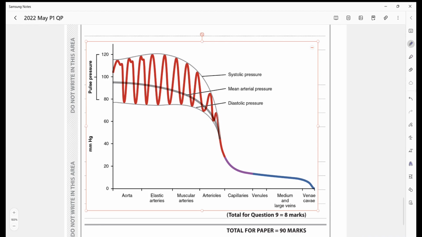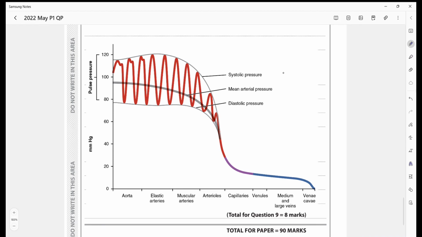As you can see here, with your aorta and your arteries, there is a drastic change in blood pressure. You can see it goes up and down. So the reason why the blood pressure goes up is because the ventricles are contracting. When the ventricles are contracting, it pushes blood out of the heart, and that's why you have these peaks that you see here.